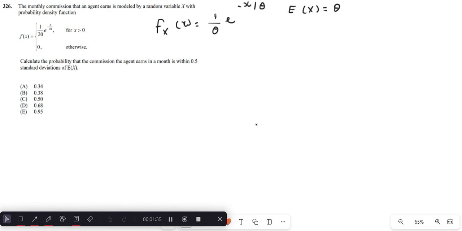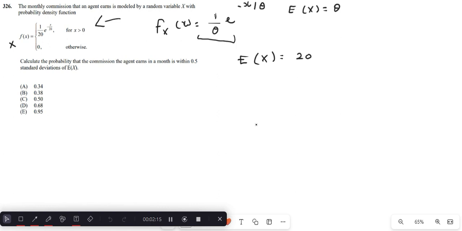Comparing the PDF we have here to this one, we can see that they are identical. Therefore X is exponentially distributed, and the expected value of X, which is theta, is equal to 20.